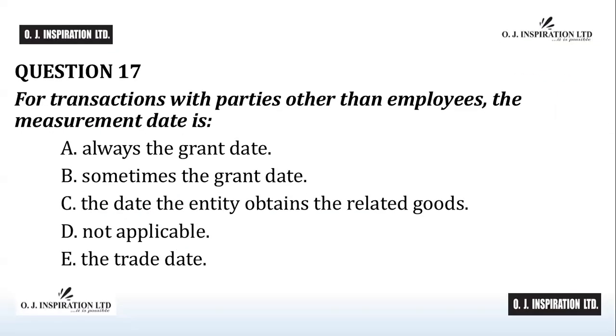Question number 17. For transactions with parties other than employees, the measurement date is A. Always the grant date, B. Sometimes the grant date, C. The date the entity obtained the related goods, D. Not applicable, E. The trade date.